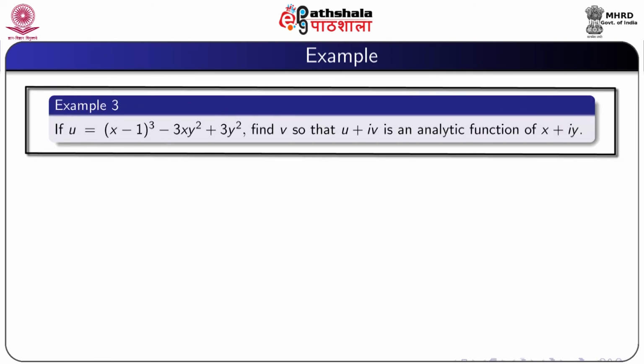Now, we give another example. If u equal to (x minus 1) whole cube minus 3x y square plus 3y square, then find v so that u plus iv is an analytic function of x plus iy.